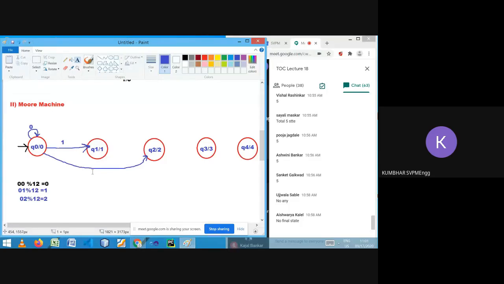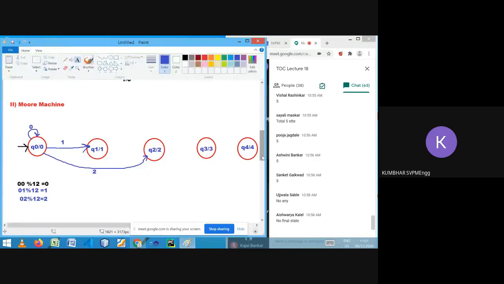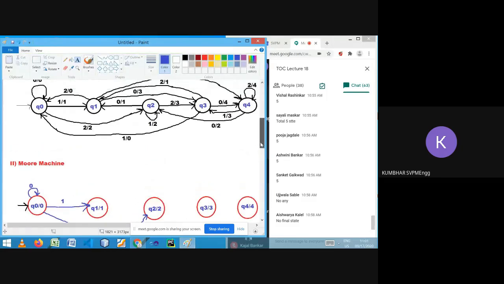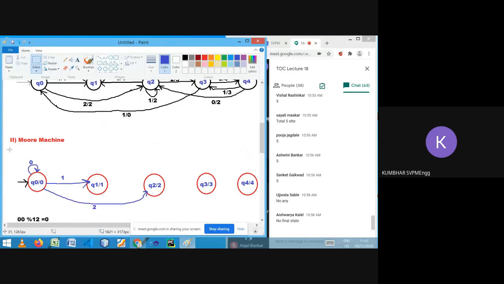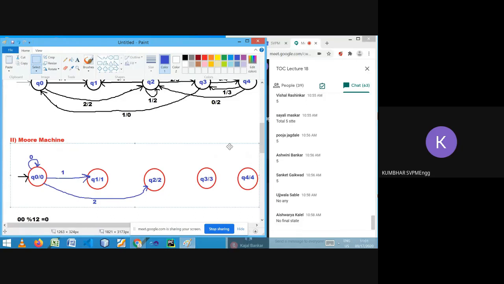If we check for these 3 transitions only, let me pick this up so that in one screen view you can check it. Yes.